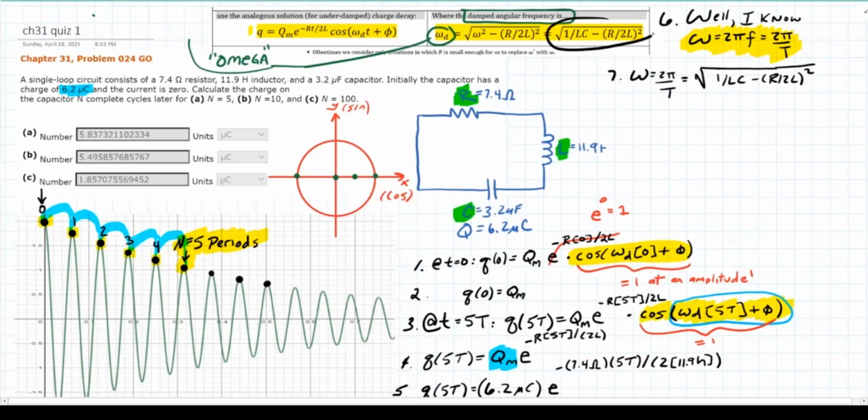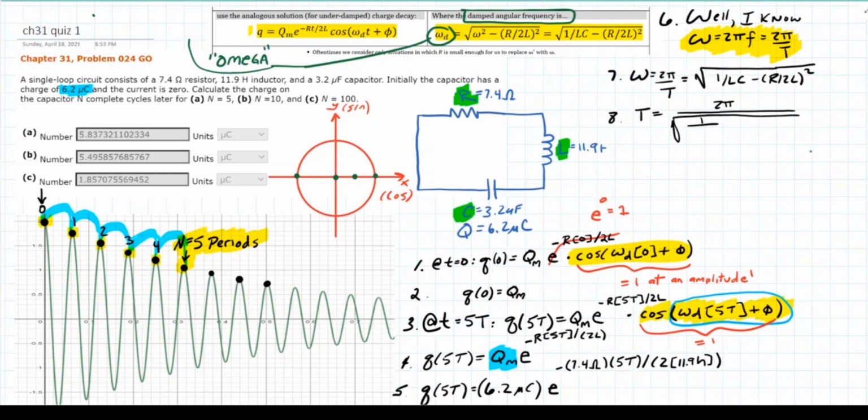This expression right here is basically derived from this expression right here. And that's where I'm going to get a value for T. So number 8, T equals 2 pi all over the square root of 1 over LC.